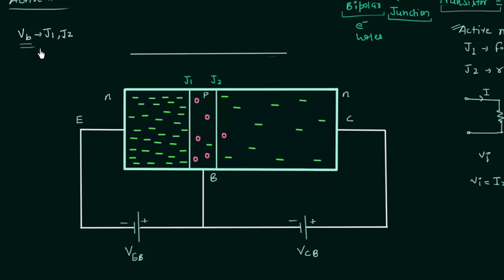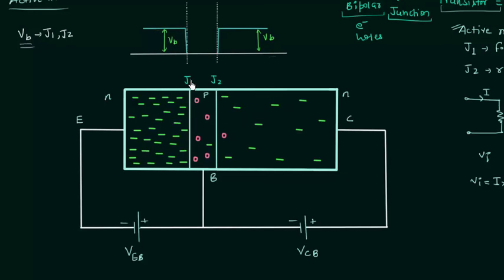We have to analyze what will happen to the barrier potential once we apply the biasing potentials. This is the barrier potential of junction J2 and it is equal to VB. This is the barrier potential of junction J1 and it is also equal to VB.